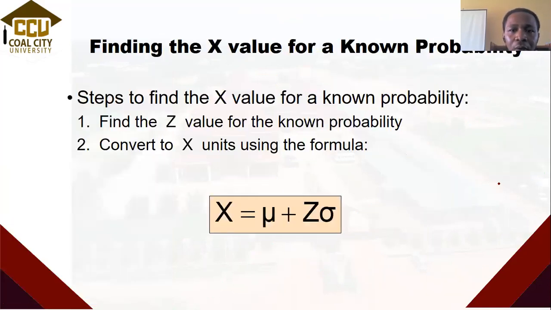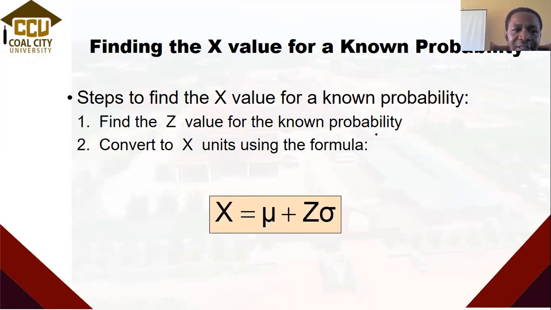Now, we could be given a situation to find the x value for a known probability. These are the steps: you find the z value for the unknown probability, then you convert to x using the formula.